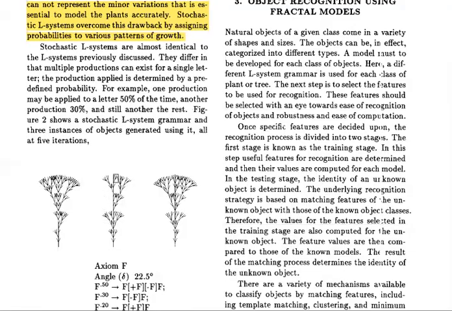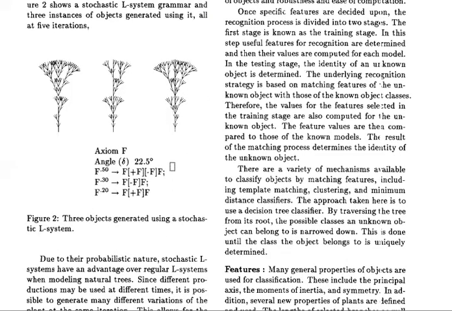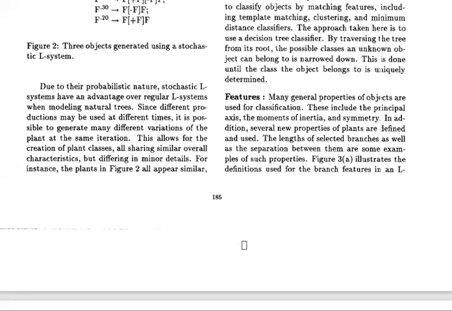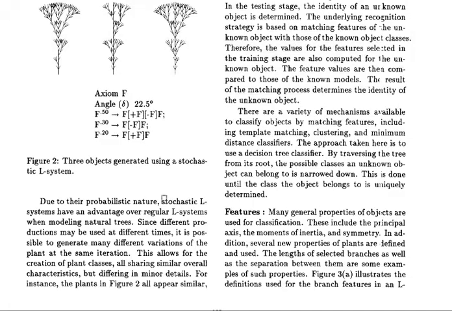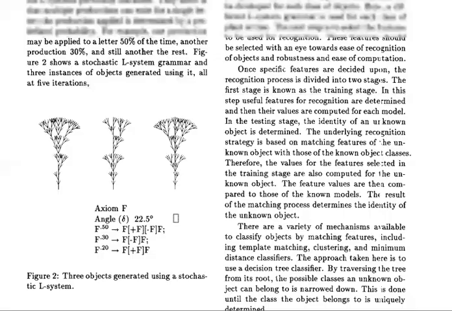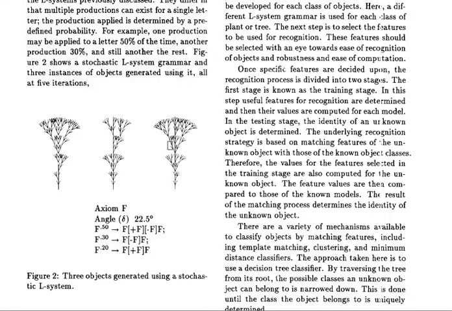Then you get more natural structures, very similar to the objects you see in the environment. So that's why stochastic is very important, right? If you want to generate natural objects, you include probability. Anyway.